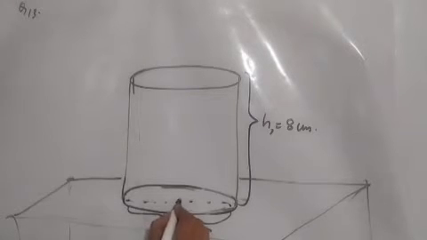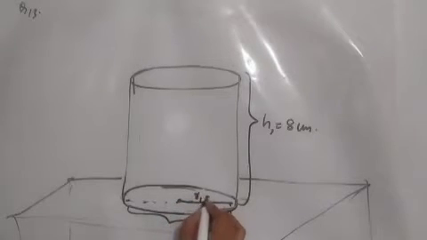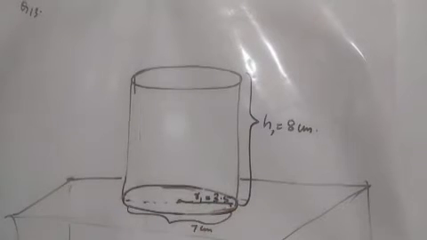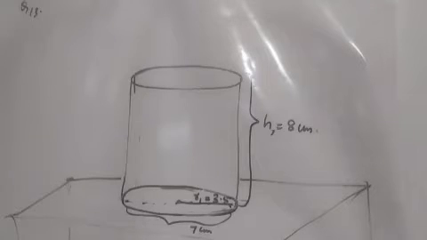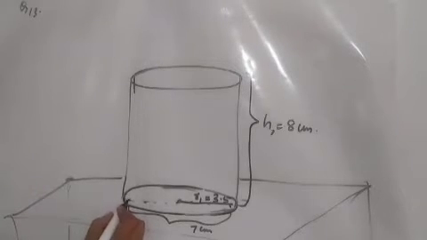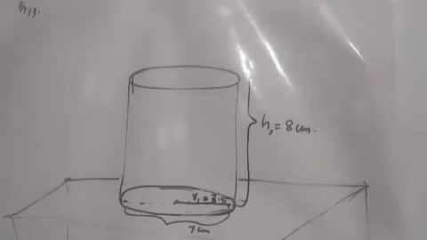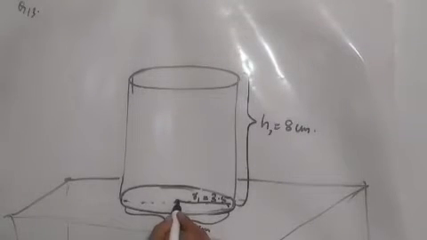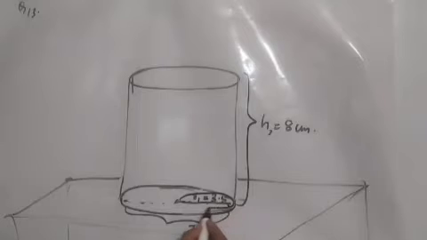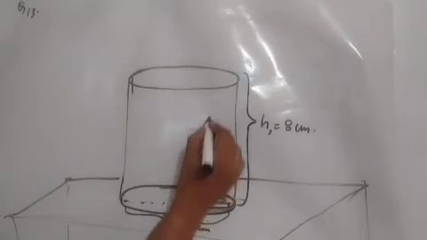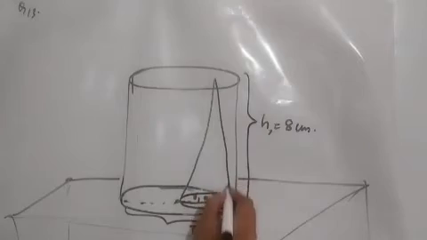Then can you say what is the radius? r1 is 3.5, half of 7. Okay. Now, inside this is placed a solid metallic right circular cone. Inside this cylinder we place a solid cone, and the diameter of whose base is 3.5 centimeter, and the height is 8 centimeter, up to the brim.